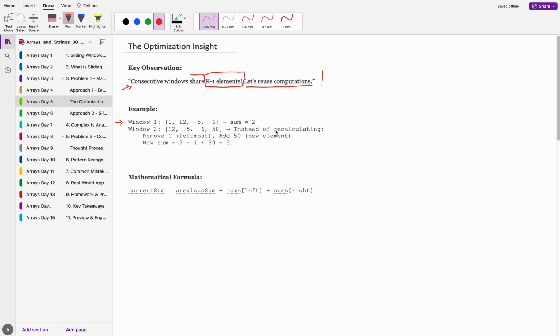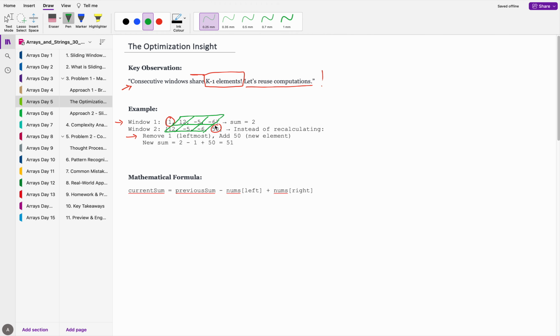In Window 2, instead of recalculating 12, minus 5, minus 6, 50, just remove this one fellow and add this 50 fellow. Why? Because in the previous sum, we have retained the sum of these values. Yes or no? These values are already retained with us.